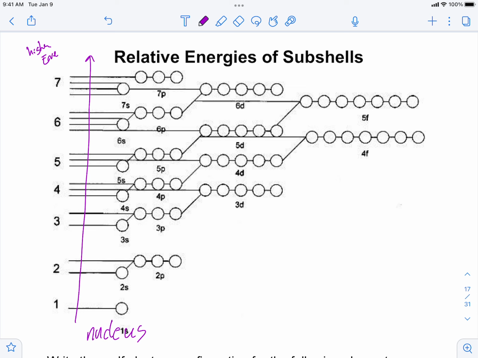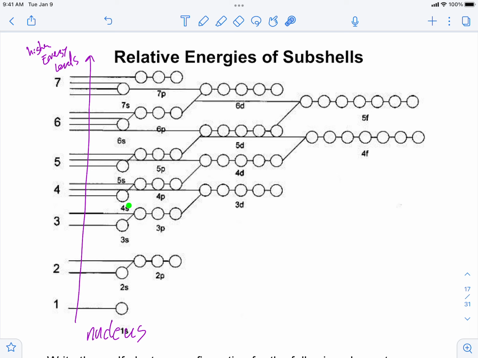Higher energy levels. So, the Aufbau principle says you have to start your organization of your electrons from the lowest to the highest. So the lowest is 1s, and then there's 2s, and then there's 2p, and then there's 3s. No surprises so far.